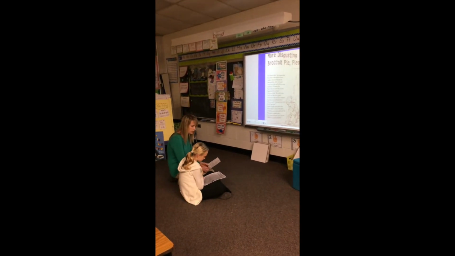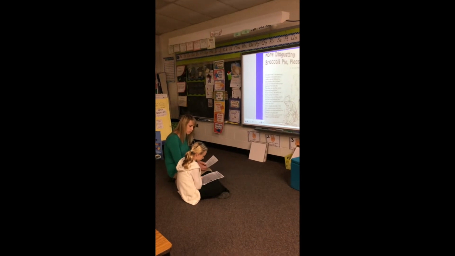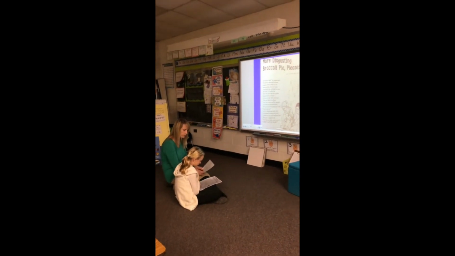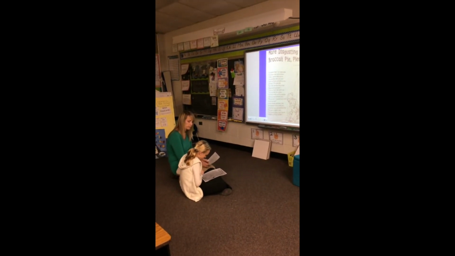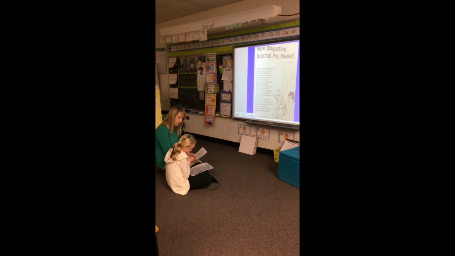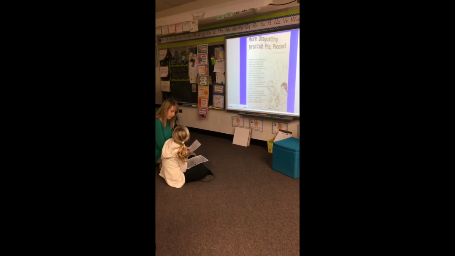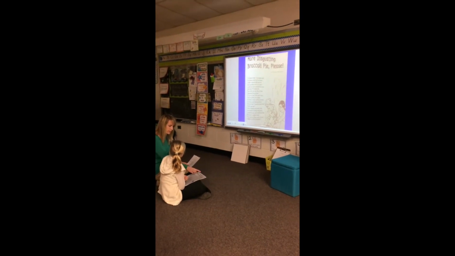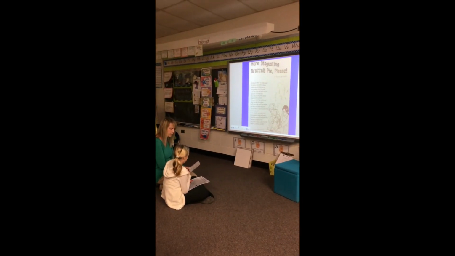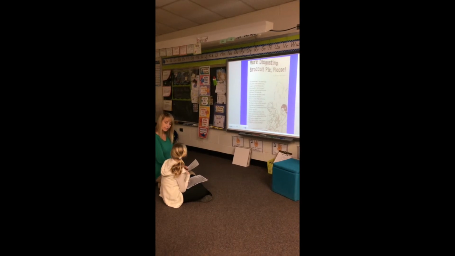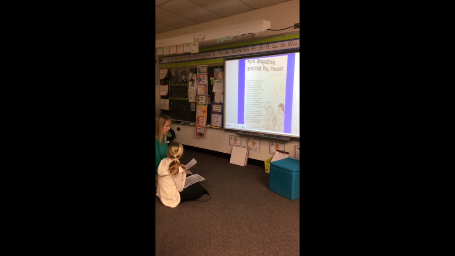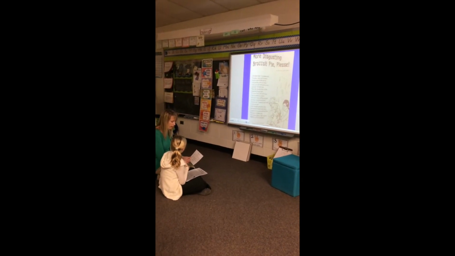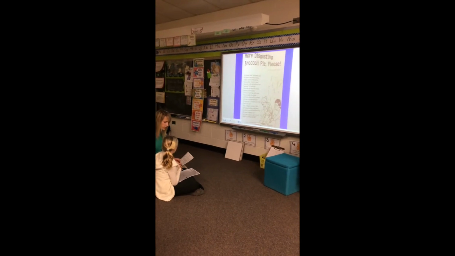What are the people doing in the poem? What can we say? What's going on in the poem? The mother is trying to get the little girl to eat the broccoli pie. Very good, yes. The mother's trying to get the child to eat that disgusting broccoli pie. Does the girl want to eat it? No, she does not.